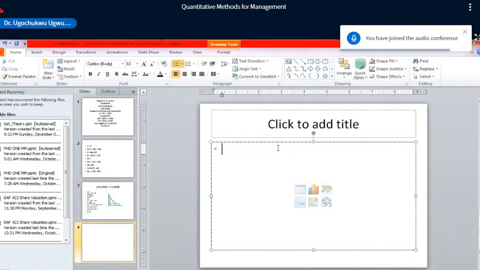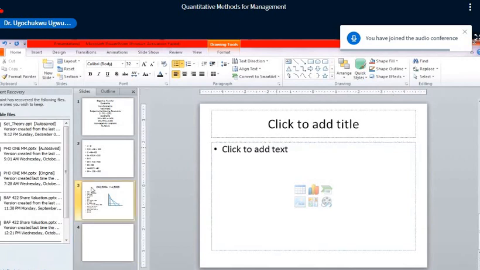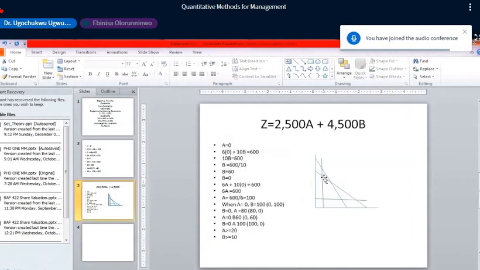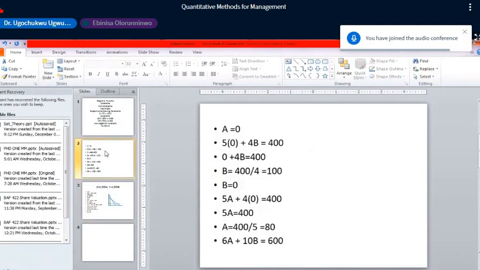How do we go about doing that? Simple. In that second point, what we have there, this point is what I'm talking about, represents this equation that we have solved here, where 5A plus 4B is equal to 400.